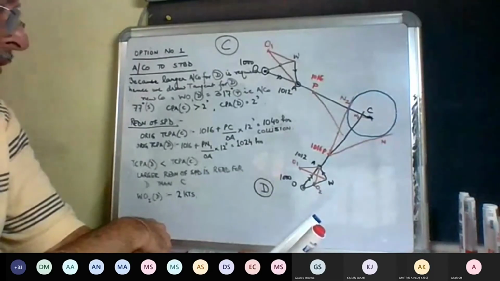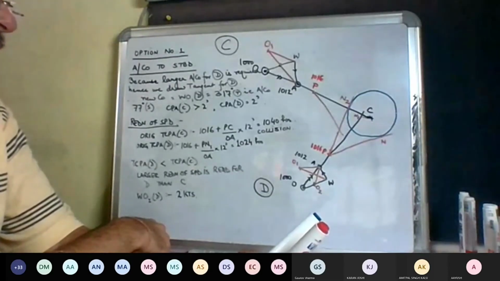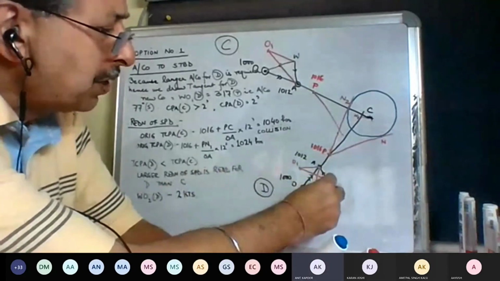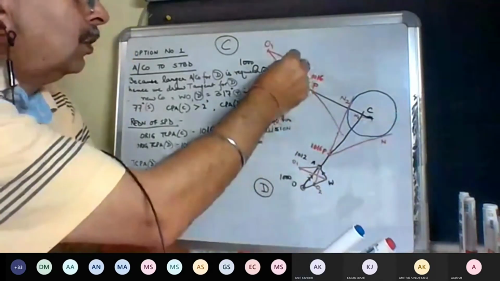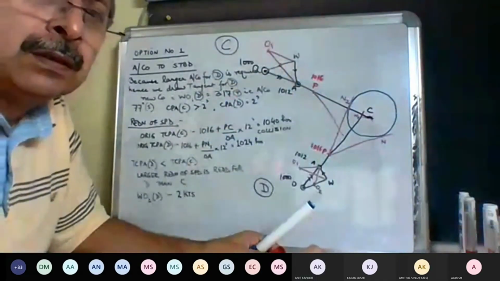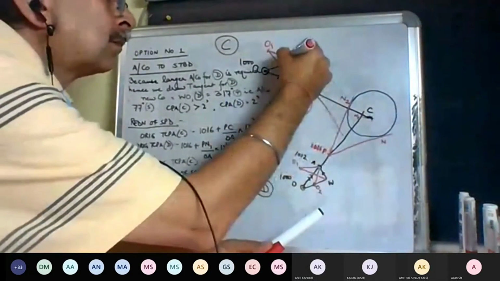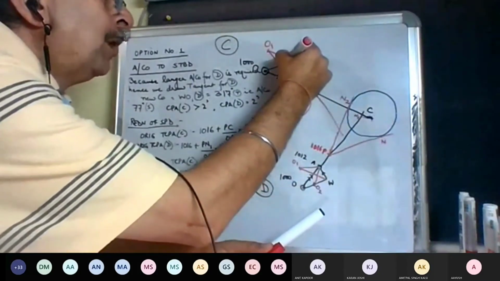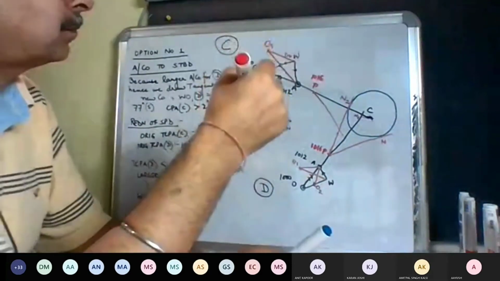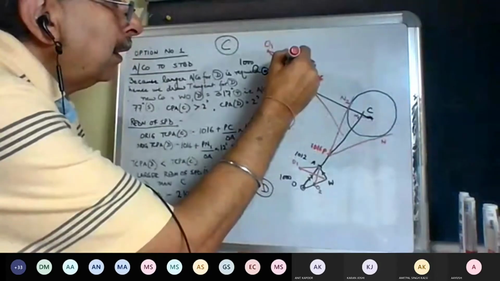सर 2.2 आ रहा सर। ठीक है, that's fine. Now superimpose WO2 distance over here onto Charlie. Superimpose WO2 distance onto Charlie. Join O2A on Charlie.